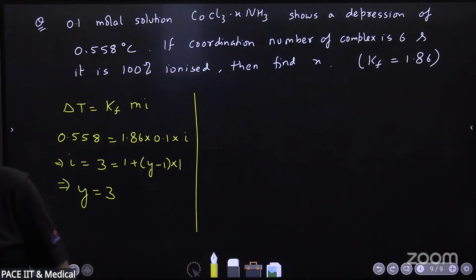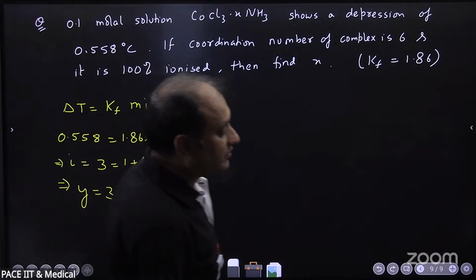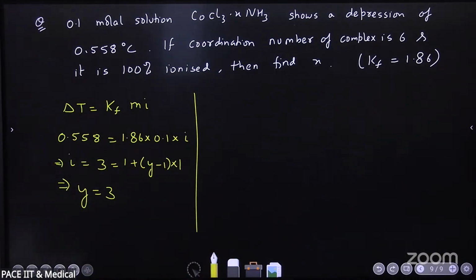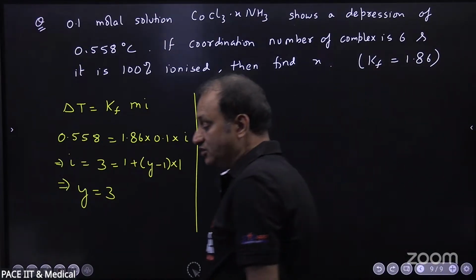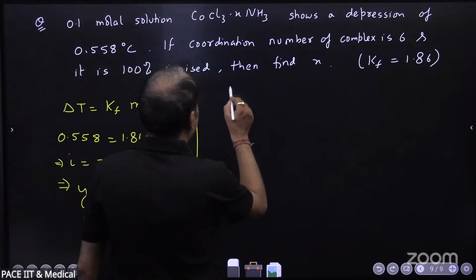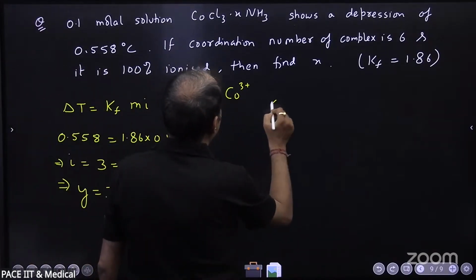Another thing we are given that coordination number of complex is 6. Means this complex is making 6 coordinate bonds. Correct? Now the things attached to the cation Co3+ are, what all things are attached with Co3+ in this compound?